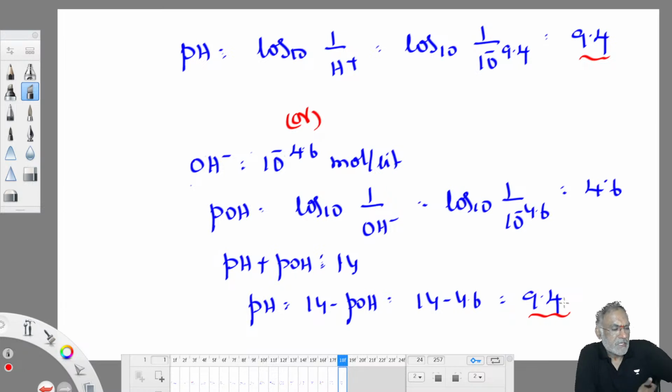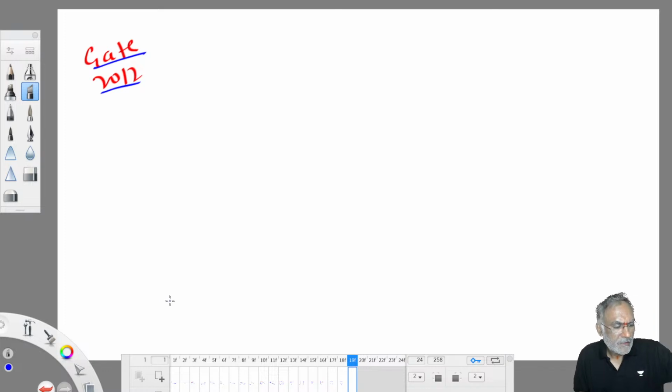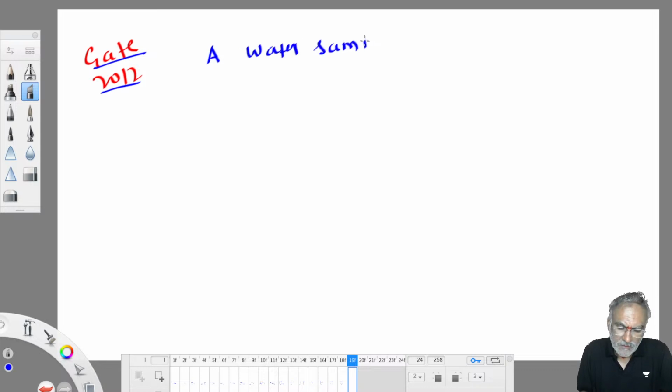This question has been asked in GATE 2012. Good question it is. Similar kind of question, but slightly different. A water sample has a pH of 9.25.